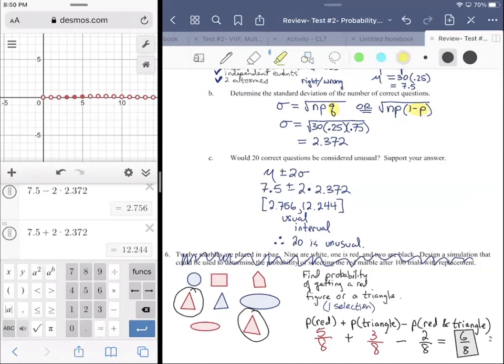I'm looking for a triangle and I'm looking for something that's red. Well, 1 red, 2 red, 3 red, 4 red, 5 red. Now let me make sure I got all the triangles. Well, there's my 6th item that I need. Basically, I need everything except for the blue circle and the blue ellipse.